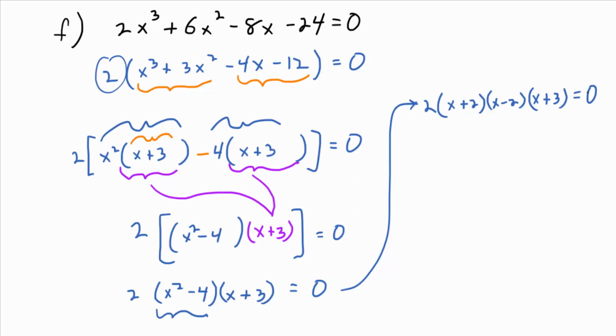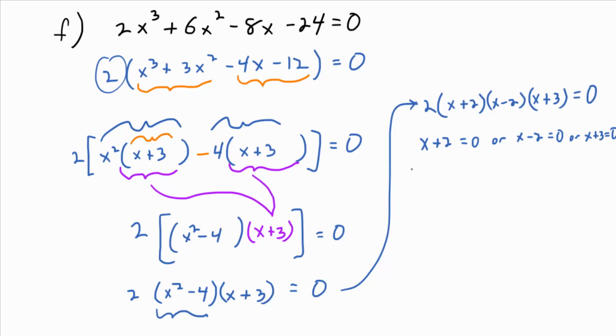What do I do with each factor? Except for the 2, are you going to set the 2 equal to 0? No, that's nonsense, right? 2 is not equal to 0. So don't set a constant that's not 0 equal to 0. But you set the other factors equal to 0 by the zero product rule. Either x plus 2 equals 0, x minus 2 equals 0, or x plus 3 equals 0.